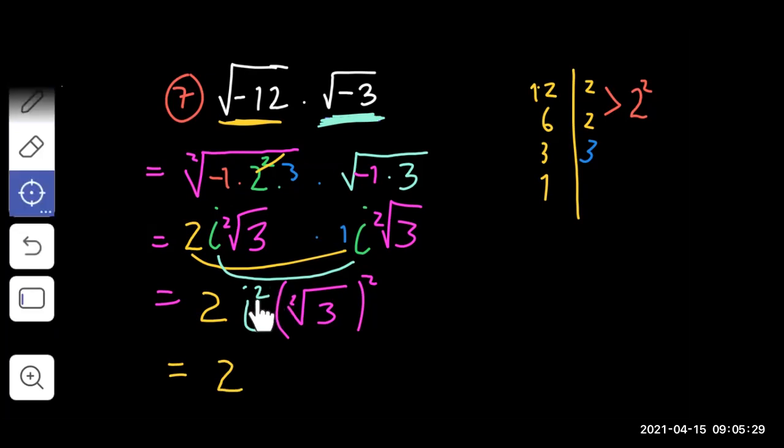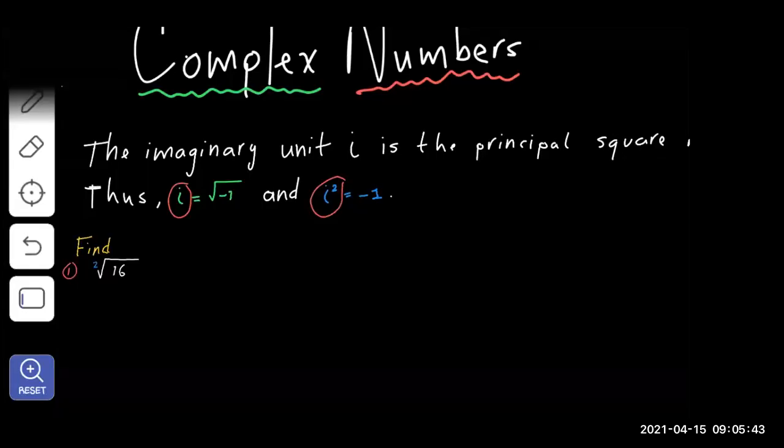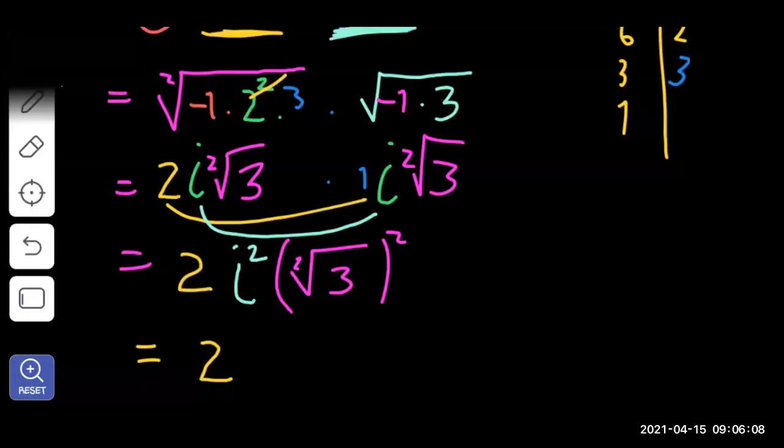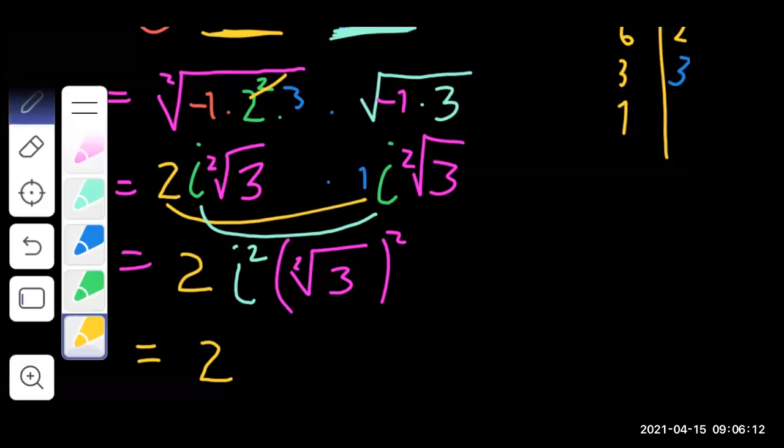What is i squared equal to? i is equal to the square root of negative 1. However, i squared is equal to negative 1. Instead of i squared, we're going to put negative 1.